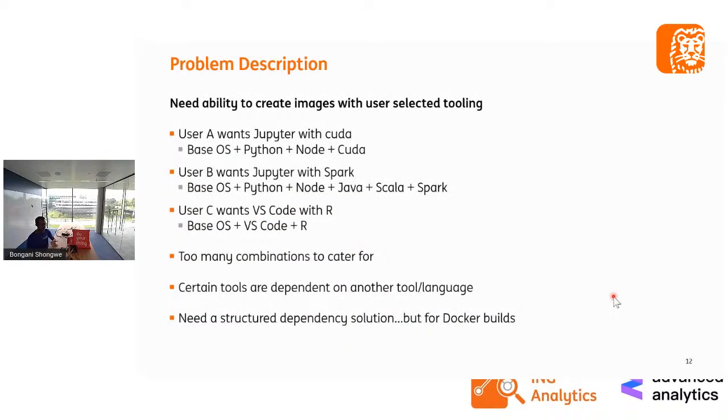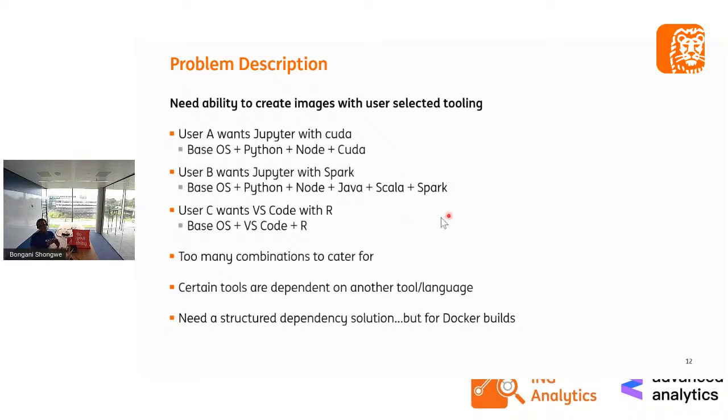So to give you a problem description, this is what we went through. Think of user A. User A wants Jupyter with CUDA. Well, that means we'd have to take our base image, put Python, put Node, and put CUDA in it. Whereas user B wants Jupyter with Spark, well, then you will have to take the base image, put Python, put Node, put Java, put Scala, and put Spark.